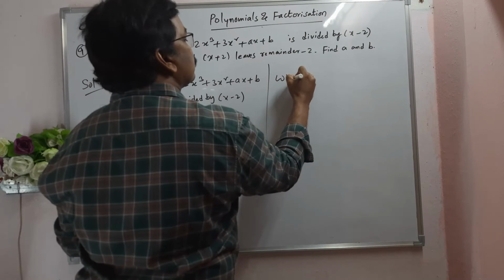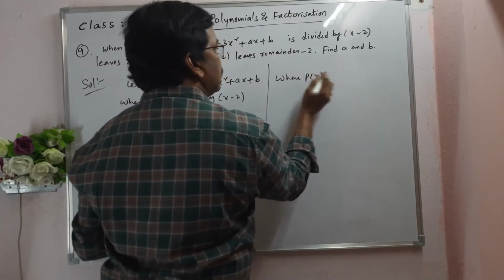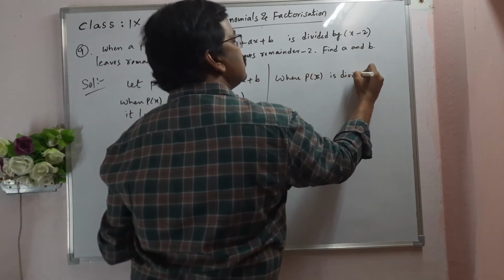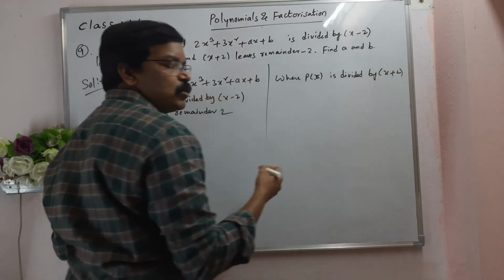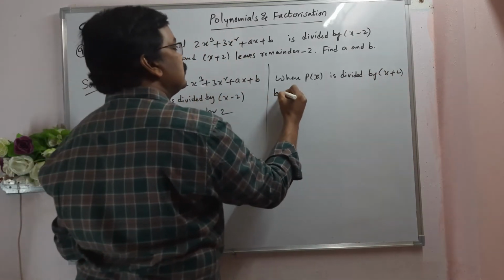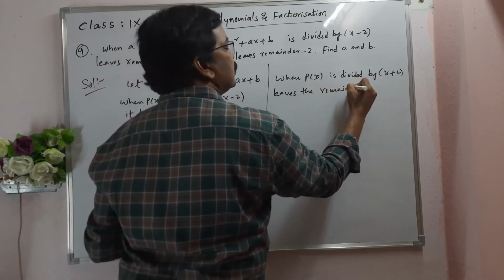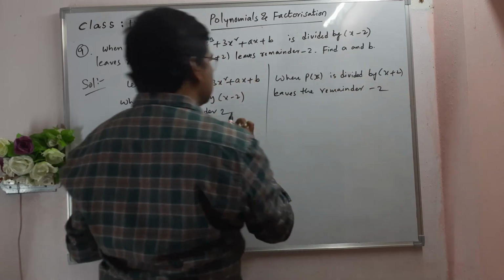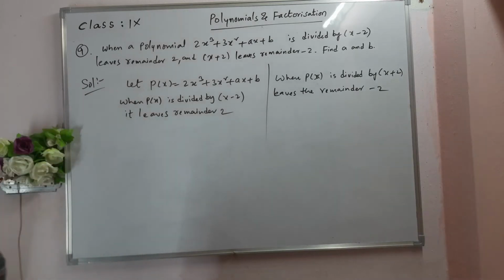And when the same polynomial p of x is divided by x plus 2, it leaves the remainder minus 2. Here plus 2, here minus 2. So find the values of small a and small b.